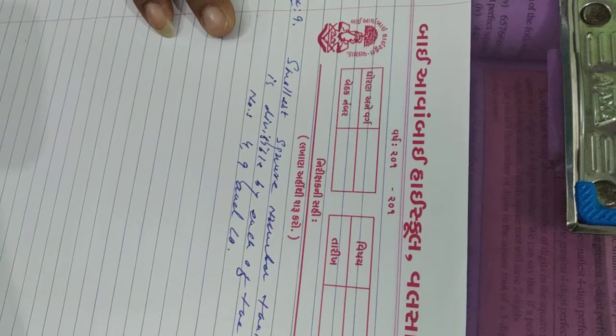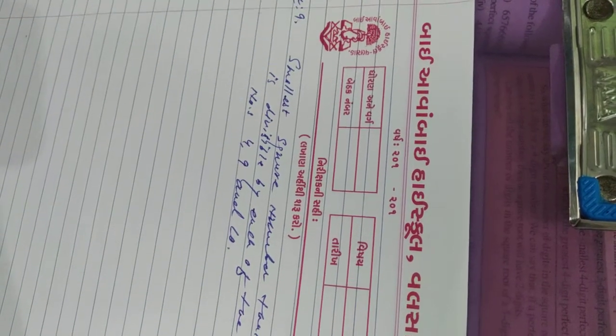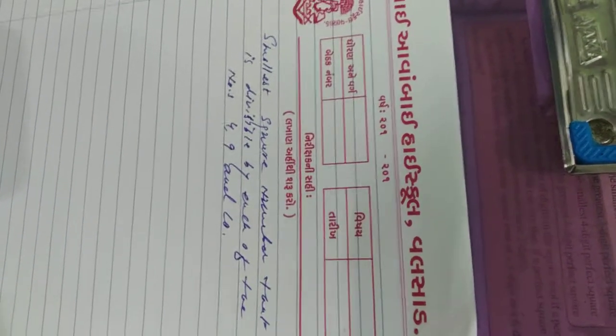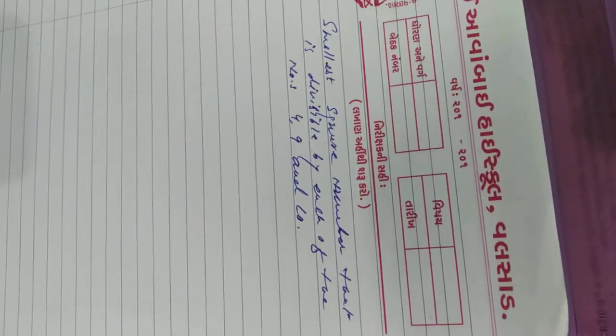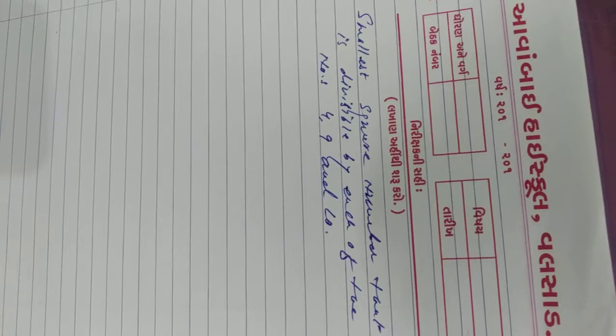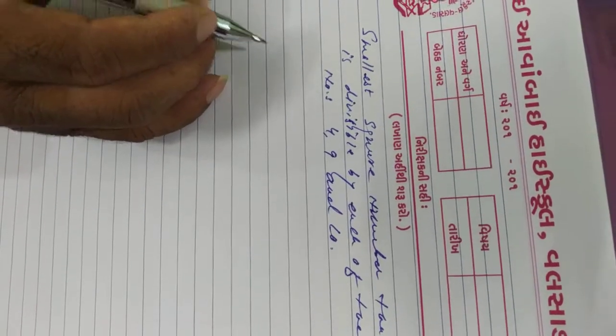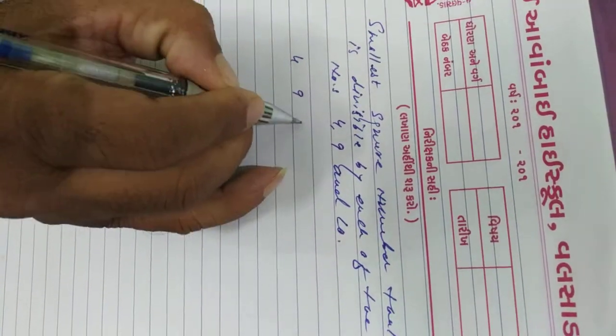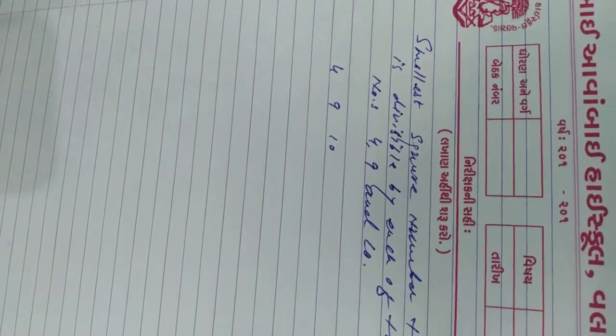See, when it is possible, we will find out the LCM, because LCM is the number which is divided by all the factors of it without leaving any remainder, right? So let's find out the LCM of 4, 9, 10.